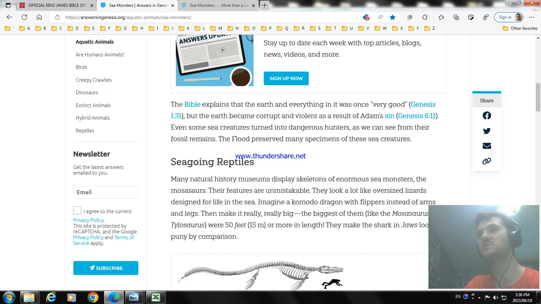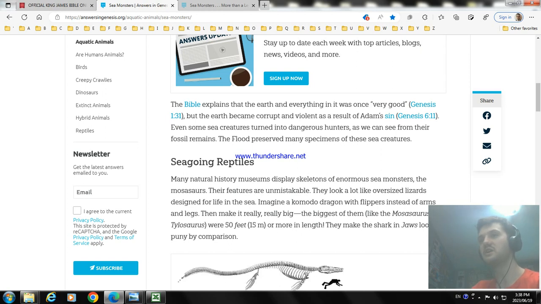We can see this from the fossil remains. The flood preserved many specimens of these sea creatures, sea-going reptiles. Many natural history museums display skeletons known as sea monsters. The Mosasaurus features are unmistakable. They look like oversized lizards designed for life in the sea.